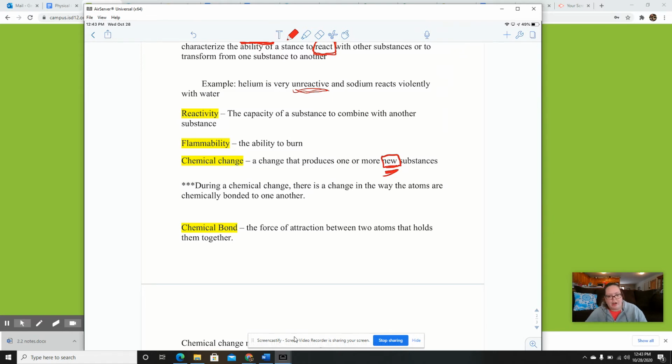Their bonds are broken, and they simply rearrange and then rebond back together in a different way. You take the bonds, you break them up, you let the atoms circle around and interact with one another, and then they rebond in a brand new way.